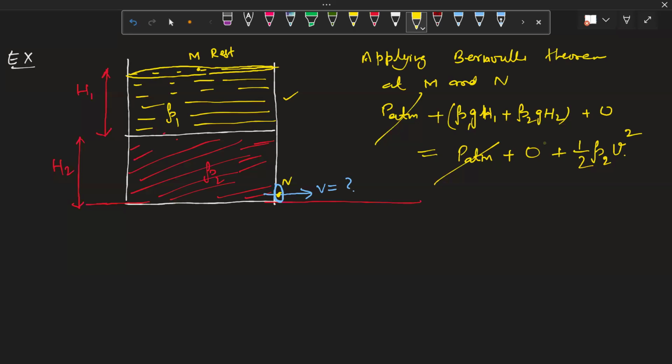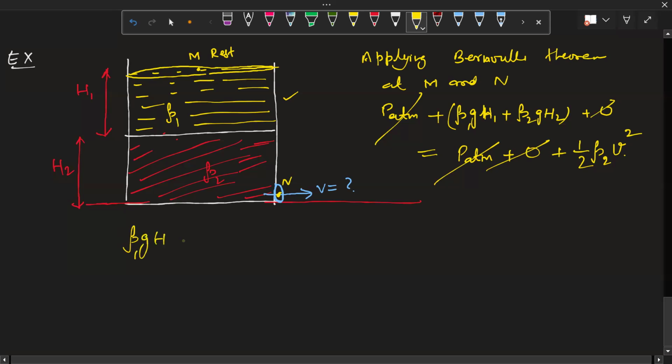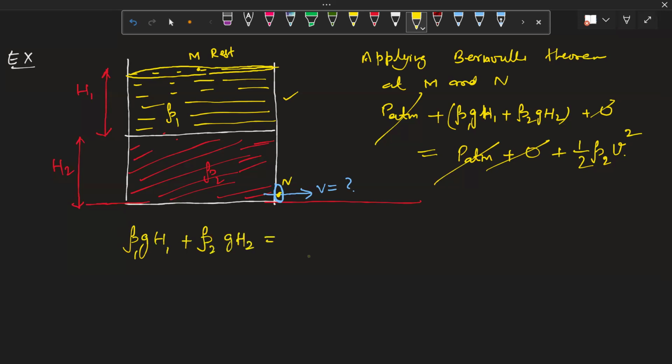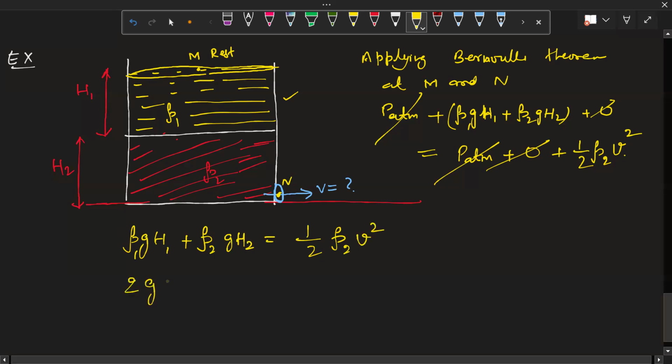P atmospheric you can cancel, 0, 0 also you can cancel. So what you get here, rho 1 g h1 plus rho 2 g h2 is equal to half rho 2 V square. Here you can take 2g common.